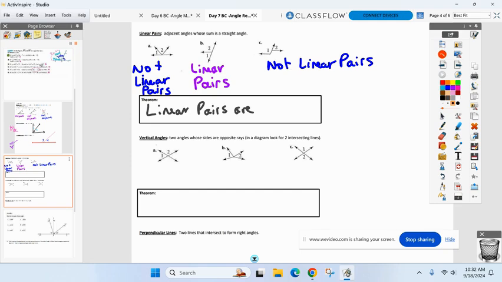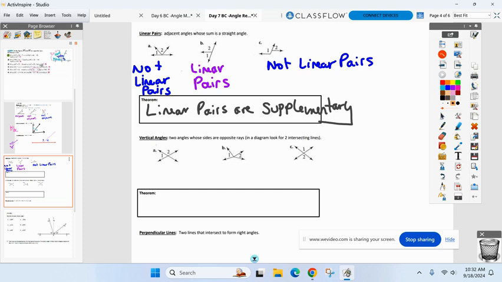Equal to 180. We use some vocab in here. Supplementary, yes. So anytime I have linear pairs, I know they are supplementary. All linear pairs are supplementary.